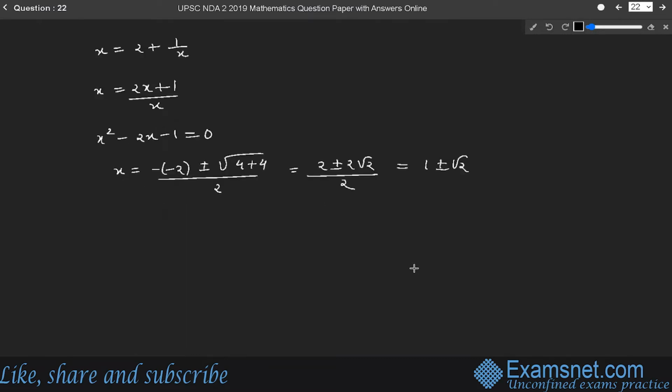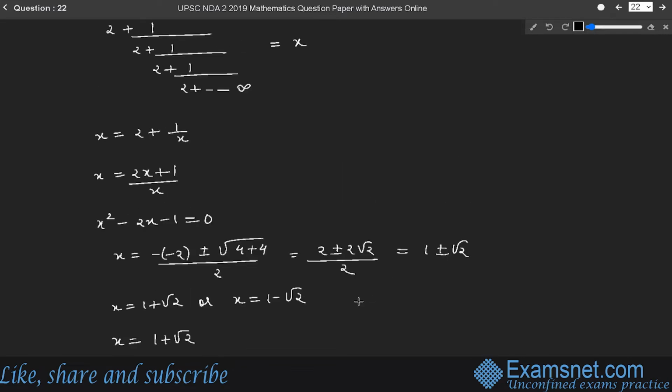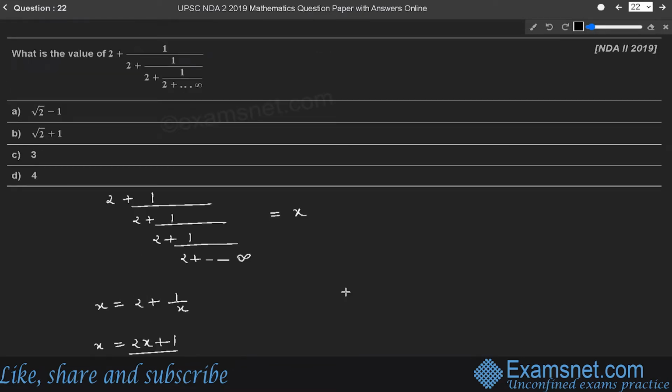Hence we can say that x will be equal to 1 plus root 2 or x will be equal to 1 minus root 2. Hence, ignoring the negative part, x will be equal to 1 plus root 2. Therefore, we can say that the correct value for this given expression is root 2 plus 1, which is option B here.